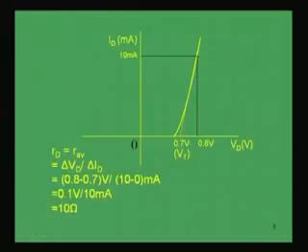Here the voltage is 0.8 volt and this threshold voltage up to which the current is 0 is 0.7 volt. So, this difference is 0.8 minus 0.7 volt divided by, at this point the current is 10 milliampere and at this point the current is 0.